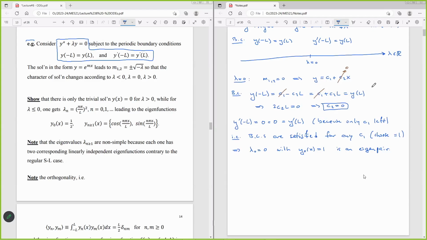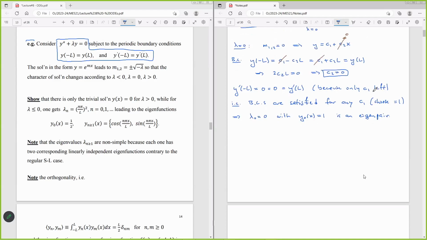You say, okay, lambda 0 is not an eigenvalue. Well, you have to test it, because there are cases where lambda equals 0, even in the regular case, may be an eigenvalue.